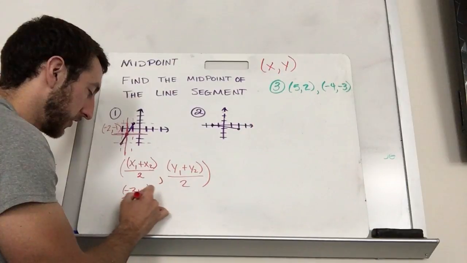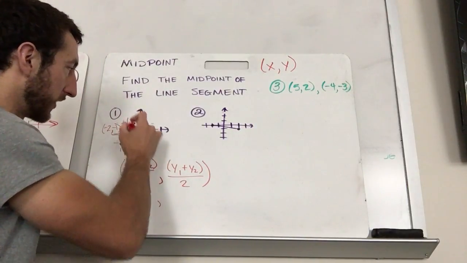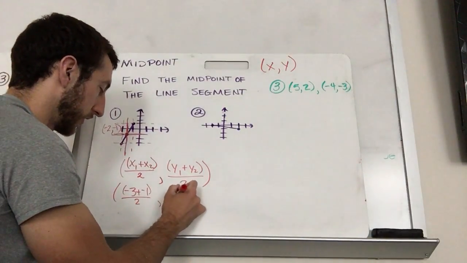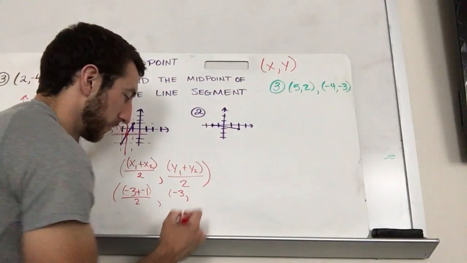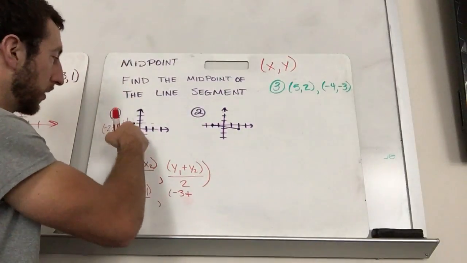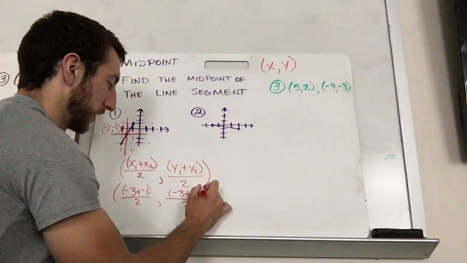I'm going to add those together and divide by 2, and then I'm going to do the same thing with my y. So my y1 is -3, making sure, plus my y2 is +1, divide that by 2.